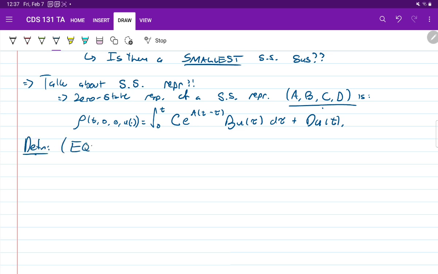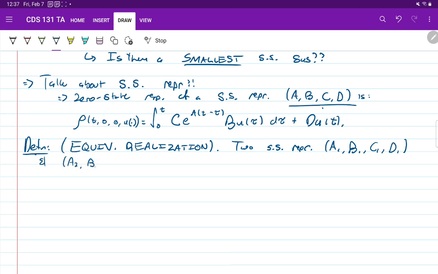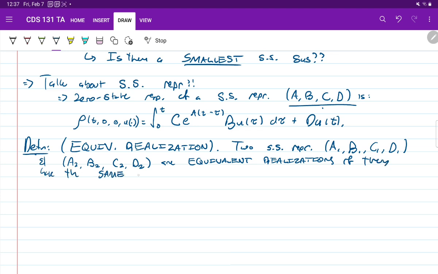So, definition: this is an equivalent realization. We say that two state space representations, A1, B1, C1, D1 and A2, B2, C2, D2, are equivalent realizations if they have the same 0 state response.